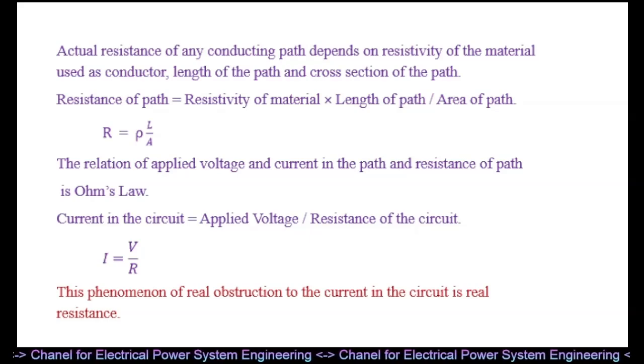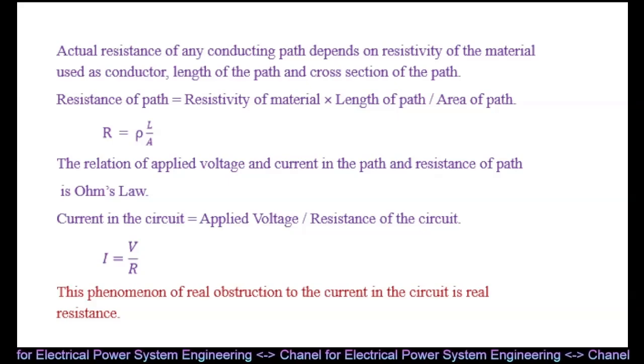Resistance of the path is equal to resistivity of the material times length of the path divided by area of the path. The relation of applied voltage and current in the path and resistance of the path is Ohm's law. Current in the circuit is equal to applied voltage divided by resistance of the circuit.